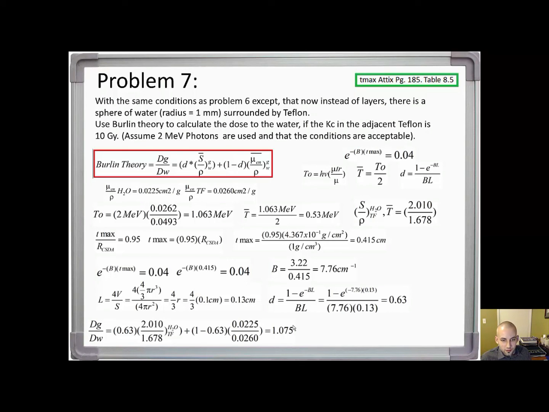We get 1.075. We're going to say it's all in equilibrium, an approximation for CPE. So we can use this collision kerma of 10 gray and get a final answer for the dose in water of 10.75 gray.